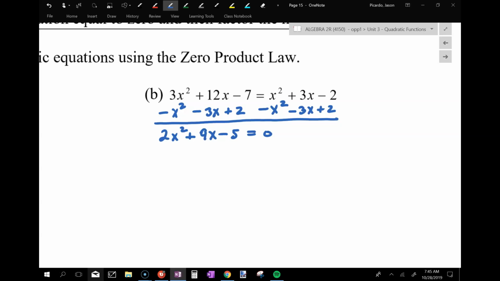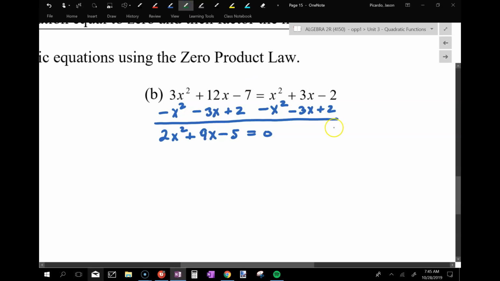Guys, we know that step 1 is to make it a quadratic equal to 0, right? So that was our first step, right? And then we know that our second step is to factor, right?